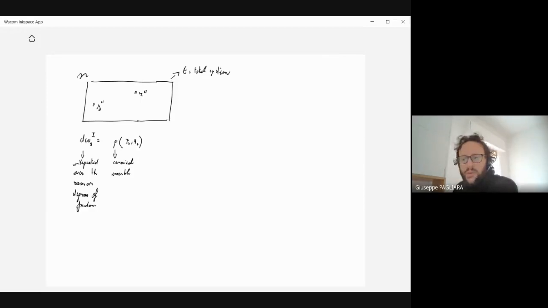So in principle, this is a function of all the coordinates and momenta of the subsystem. And here I have dQ_S, dP_S.